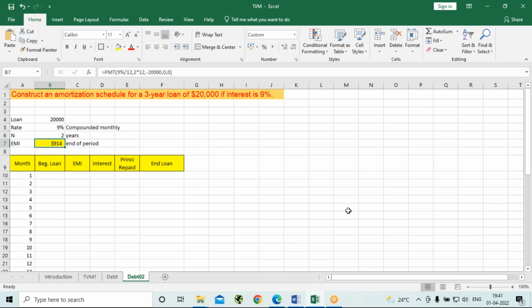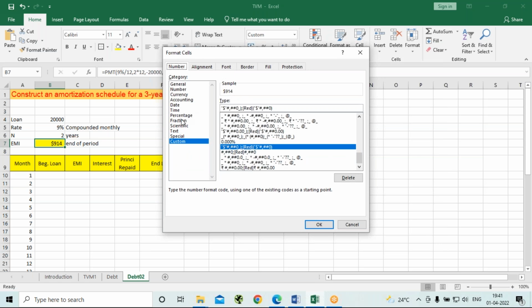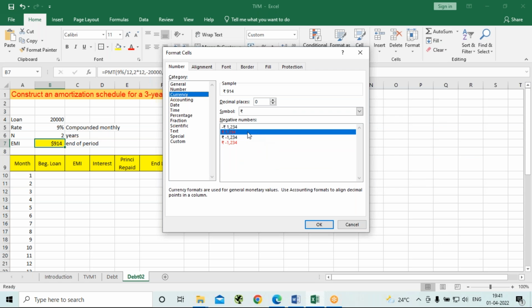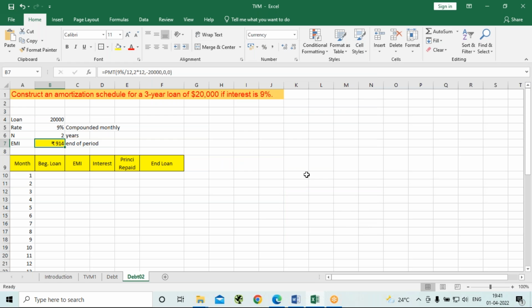Okay. So here I just want to give one kind of explanation. So I'll just take a minute. Fine. So now actually when I'm doing this, whether this 20,000 or any amount you are going to give as a loan amount, are you going to give it as minus 20,000 or plus 20,000?